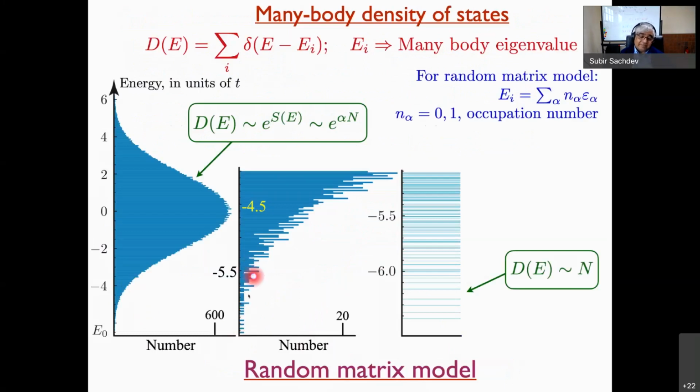Now, the important point is that the spacing between those levels, as I already mentioned, is 1 over n. So the density of states in the tails is not e to the n, it's just n, because the spacing is 1 over n. And really, the fact that the density of states is so small compared to the middle of the band, where it's exponentially large, is a telltale sign, or at least a necessary condition.